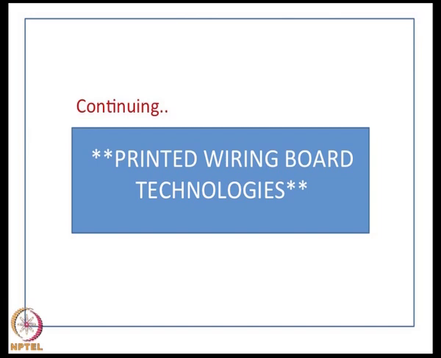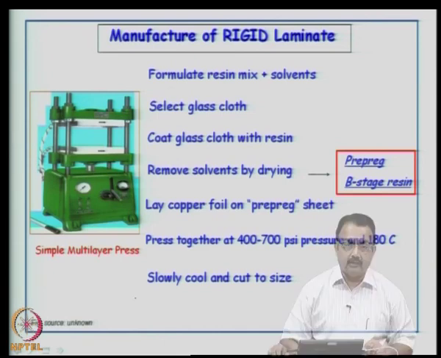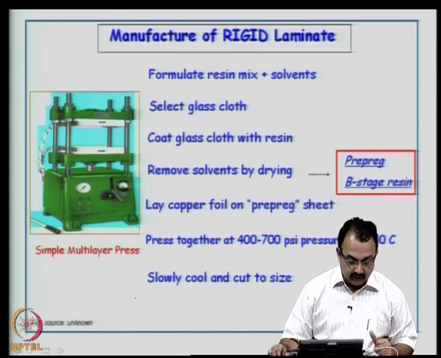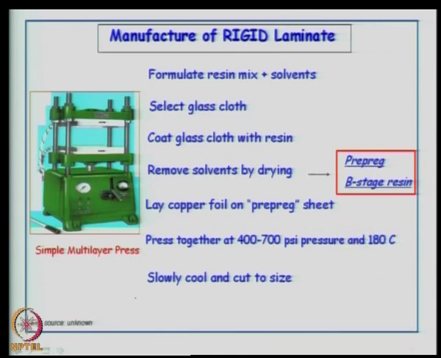We have seen that when we talk about copper clad laminates, there are essentially three components. If you can recollect, a copper clad laminate, CCL in short, will consist of three components. One is the copper, second is the organic resin, and third one is the filler component.